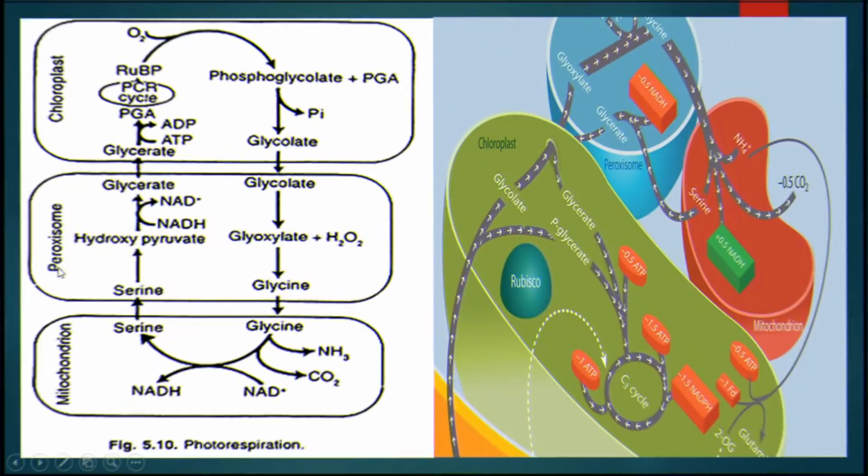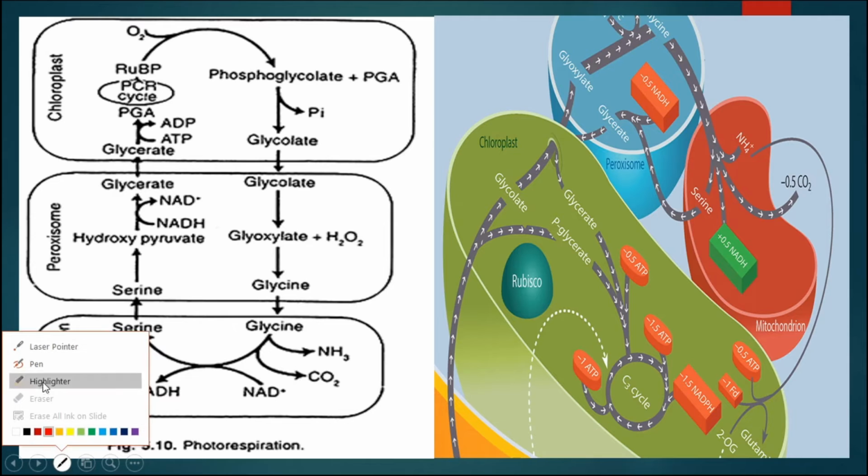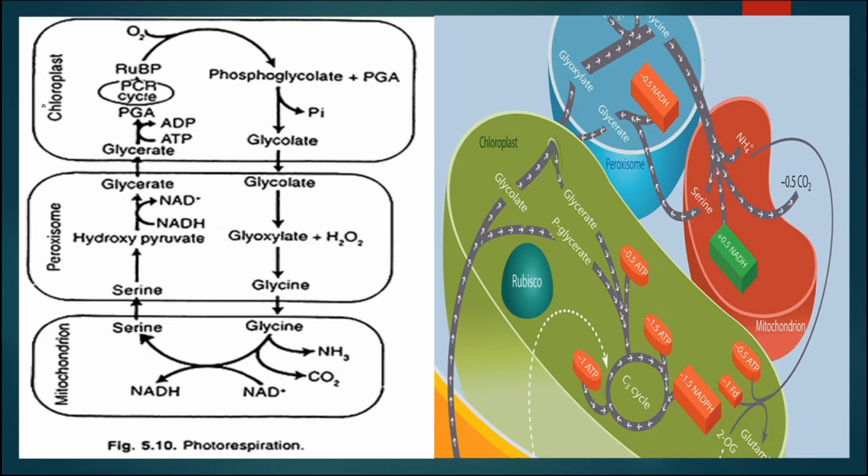This slide is showing the steps of the process of photorespiration, which involves 3 parts of the cell, that is chloroplast, peroxisome and mitochondria. This starts with RuBP, that is ribulose bisphosphate. When oxygen enters this system, these two combine to form phosphoglycolate and PGA, that is phosphoglyceric acid.